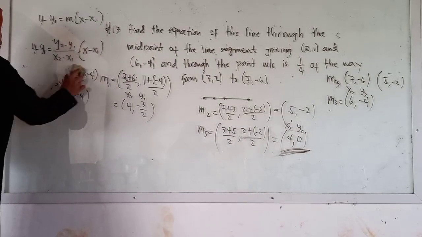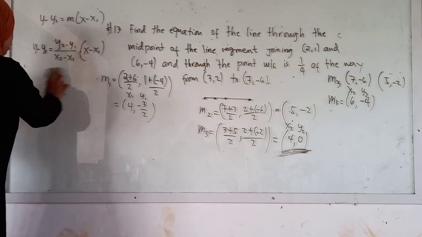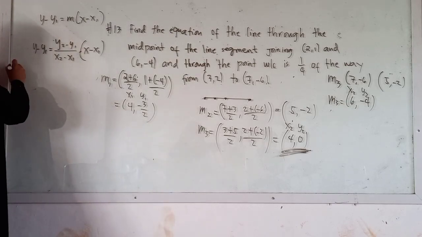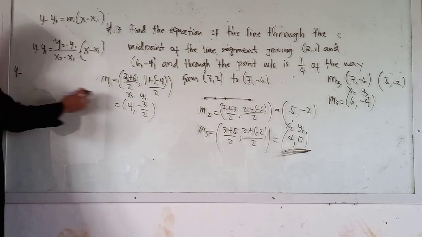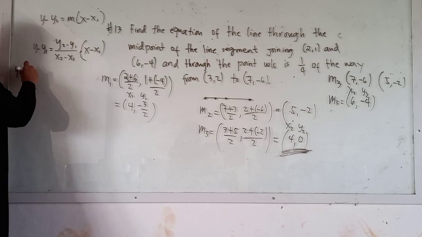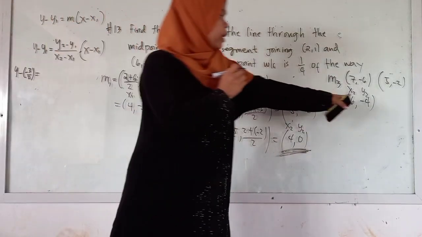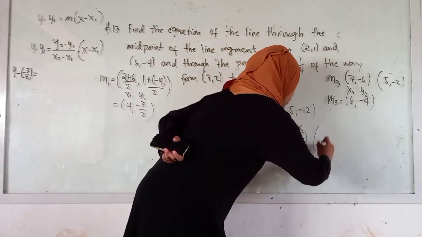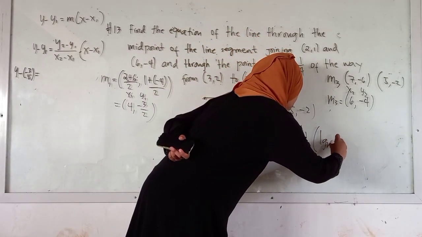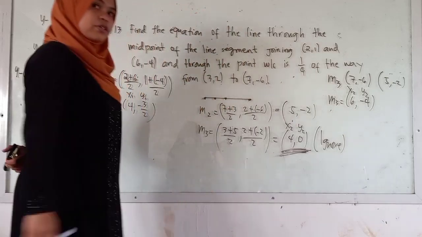Okay, so same formula pa rin yung gagamitin natin, class. So y minus, what is y sub 1? Is negative 3 over 2 equals, what is my y sub 2? Yeah, negative 4. Take note, we are going to ignore this one because we will be having an infinite equation.